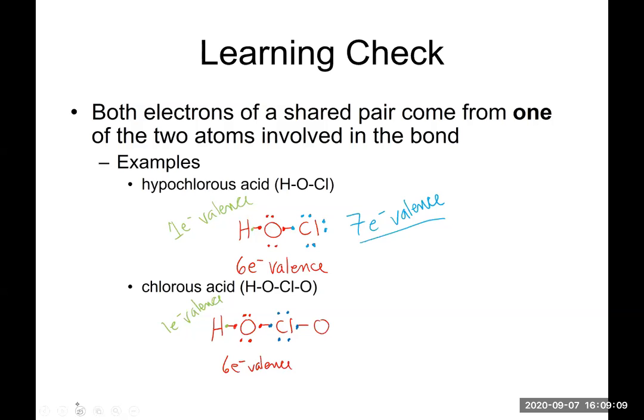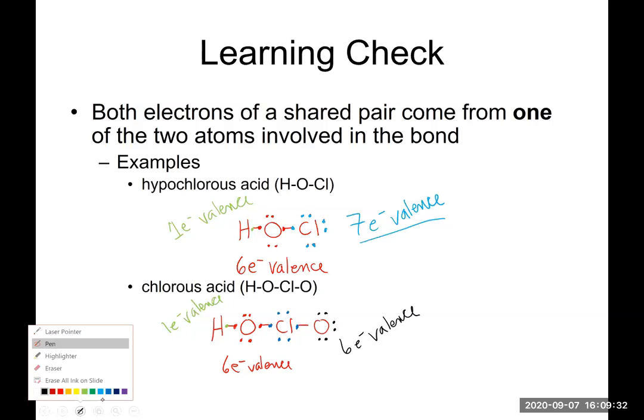Let's look at the last oxygen. So the last oxygen has 1, 2, 3, 4, 5, 6. So there's all of the 6 electrons for the oxygen. That's its valence. It doesn't have any more electrons. But the chlorine has another electron. And so that must be here for a total of 7.